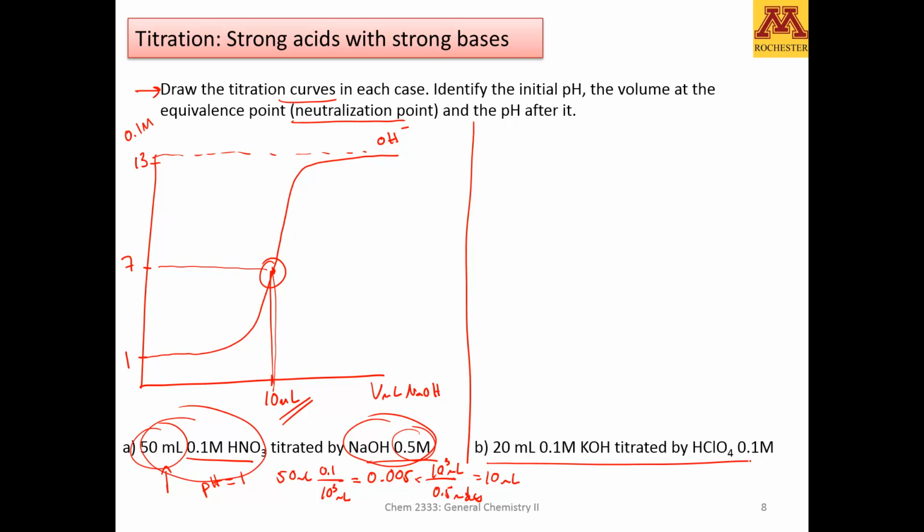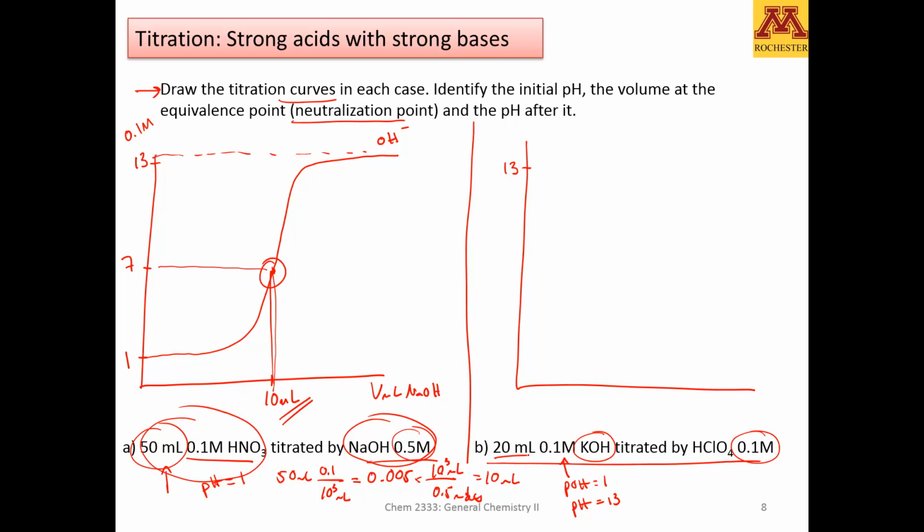Notice in this case it's a little different. We have base. So in our Erlenmeyer, we have base at 0.1 molar. That means that our initial pH will be 13. Hopefully I'm not going too fast. That is, the pOH for a strong base is 1, so 14 minus 1, the pH is 13. Now, notice that potassium hydroxide and perchloric acid are both 0.1 molar.